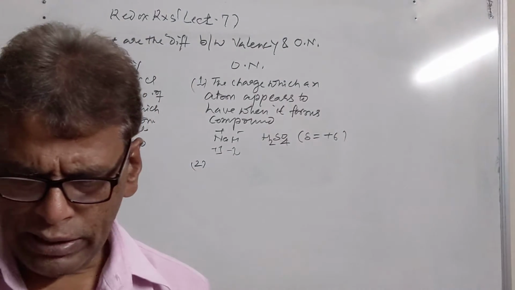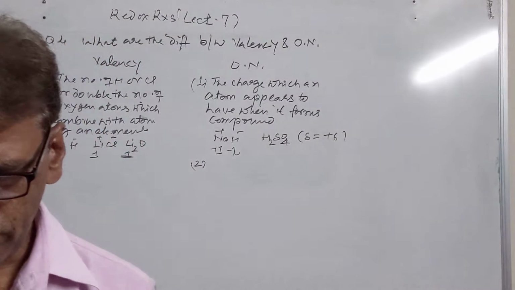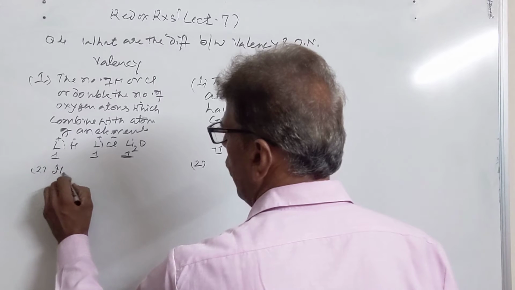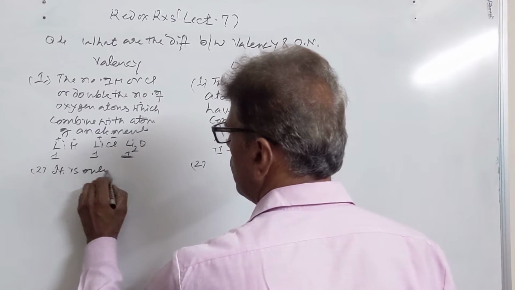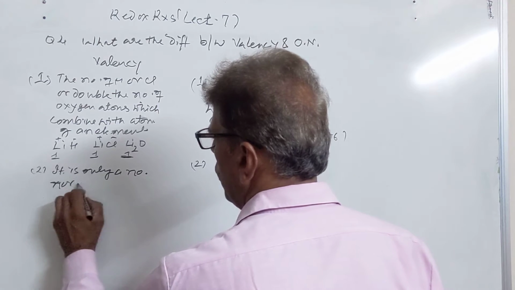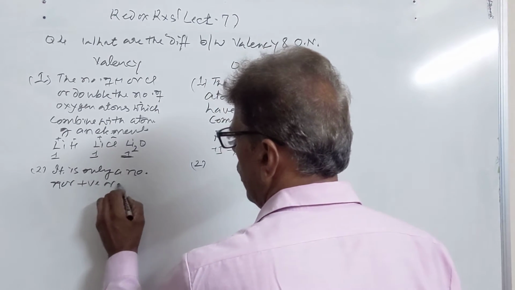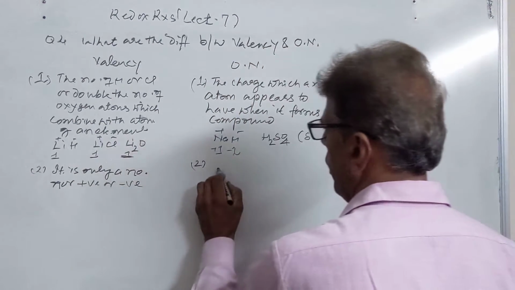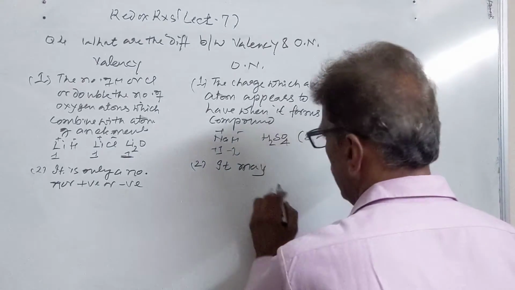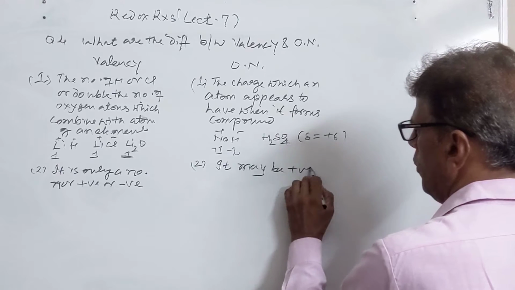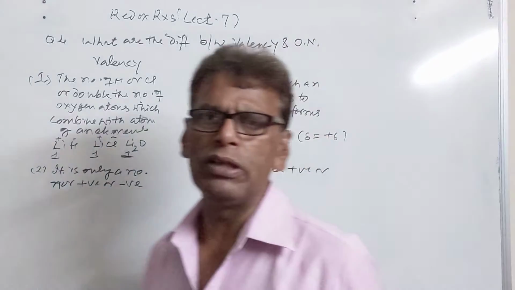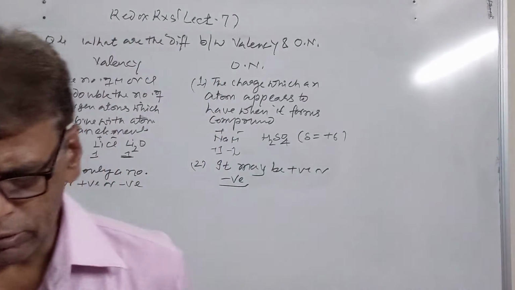Then valency is only a number. It is neither positive nor negative. Oxidation number may be positive as shown above, or negative. Positive when the atom loses electrons, negative when it gains electrons.